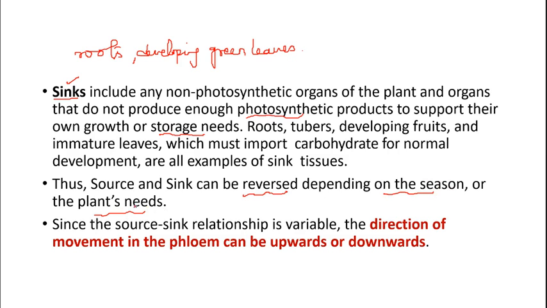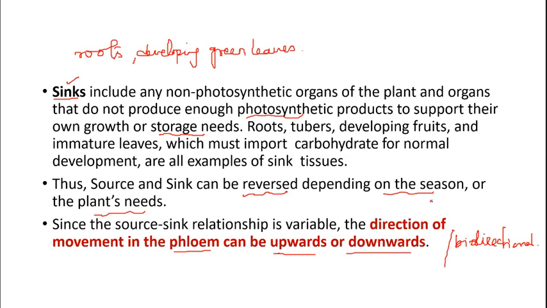According to the plant's need, for example, if the plant is under any kind of stress, then what happens? That plant will mobilize or break its stored food to combat the stress. So what we need to know is that the movement in the phloem can be upward or downward. The movement in phloem is bidirectional.